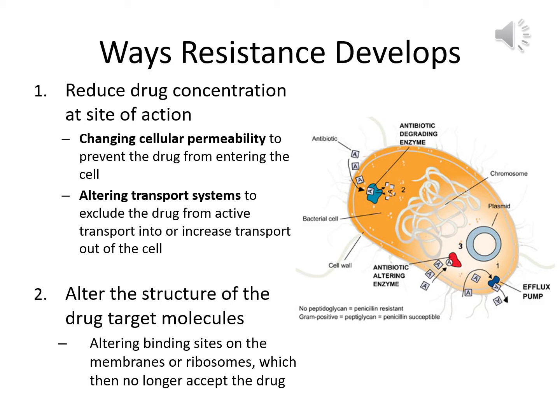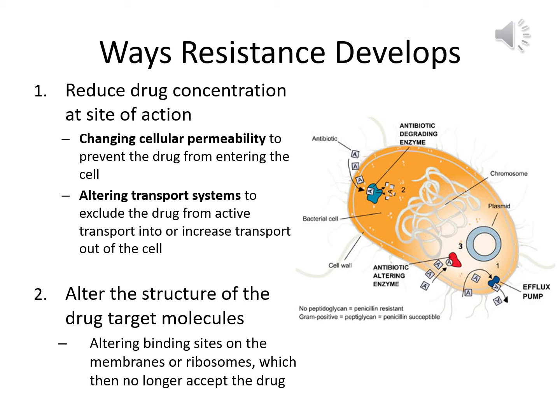So if the drug has to get into the cell and bind to a certain enzyme or certain metabolic product, if we keep the drug outside the bacterial cell, it's not going to be effective against what it will do inside the cell.